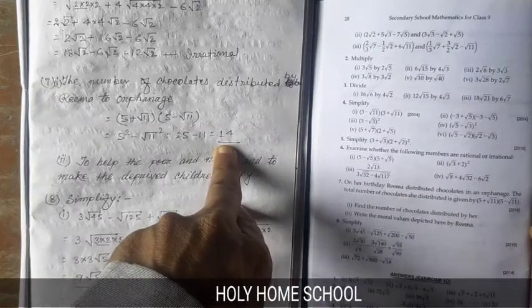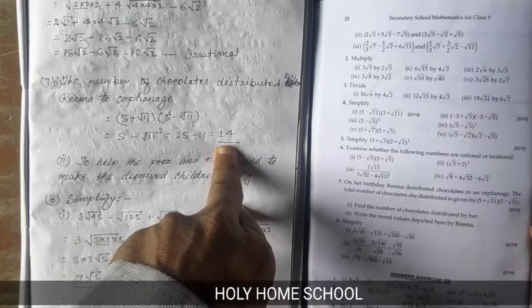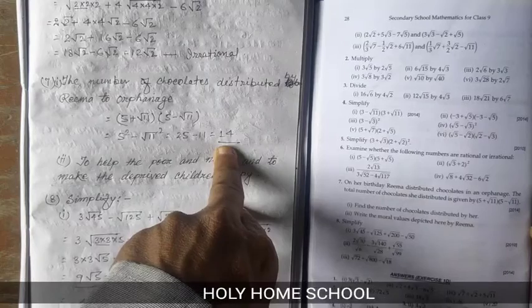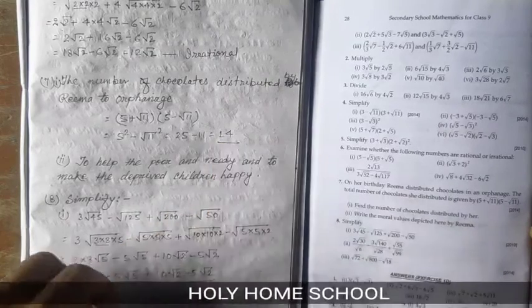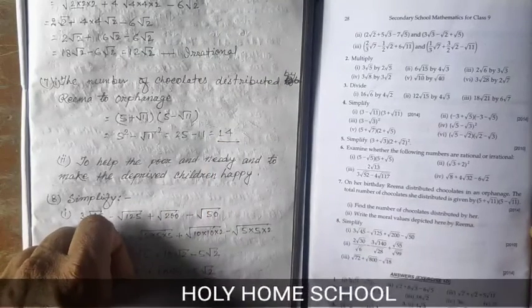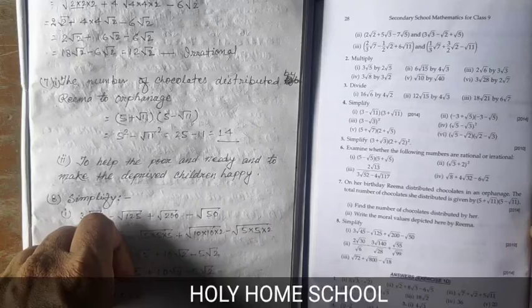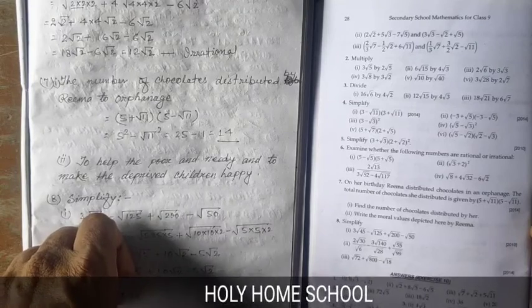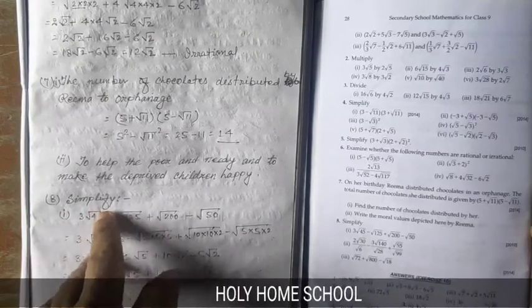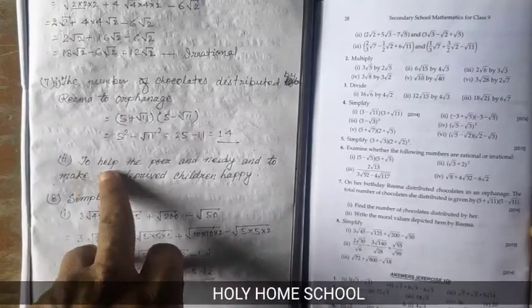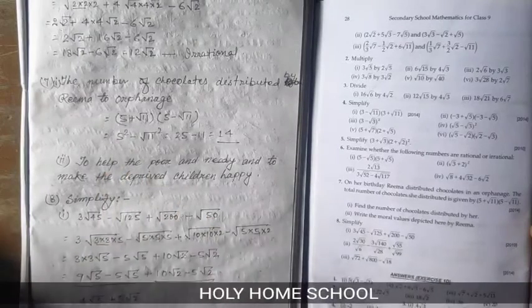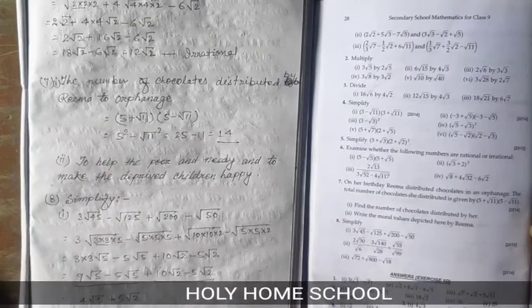It means the number of chocolates distributed by Reena is 14. And the second, write the moral values depicted here by Reena. Moral value: to help the poor and needy and to make the deprived children happy.